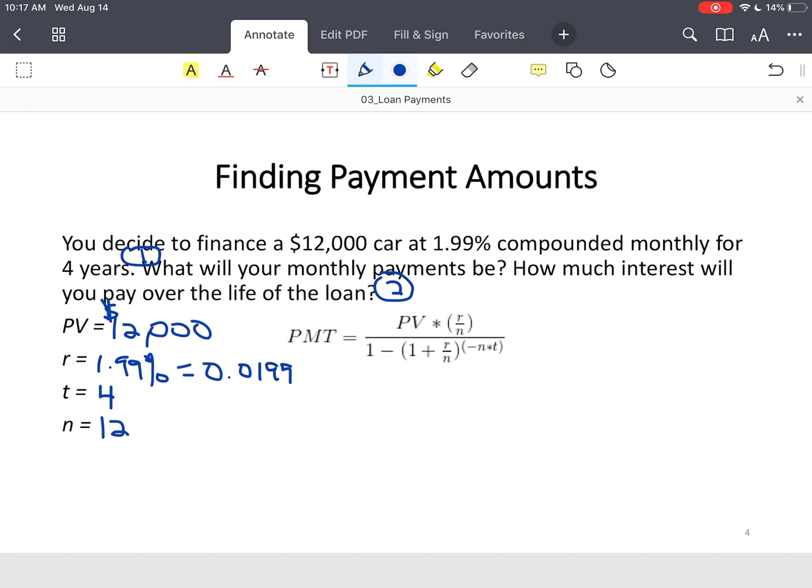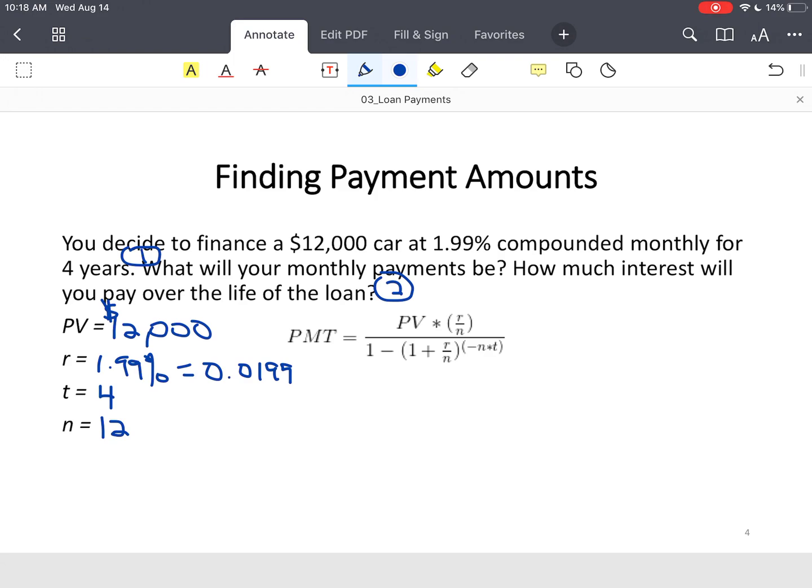Now before we even get into using this formula, you want to use it in one step. Don't do the numerator and then the denominator separately, because you could end up with rounding errors where your answer is close but off. So again, you want to use this formula in one swoop.